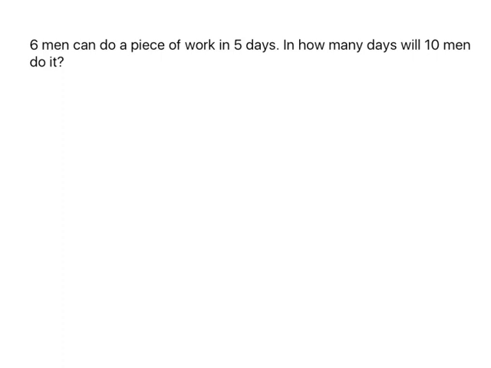Another question we have: 6 men can do a piece of work in 5 days, and we have to find out in how many days 10 men can do it. Obviously, when we increase the number of men, it will take fewer days. So here we have two things, the number of men and the number of days.